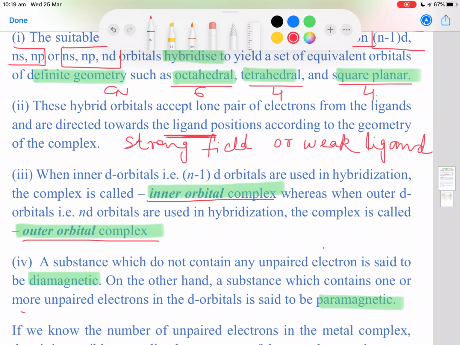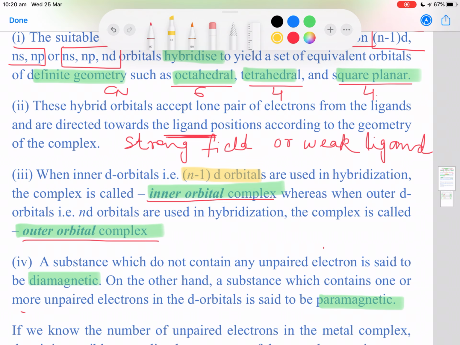Inner orbital means, when d orbital, we have to be very specific using the terms inner and outer with respect to the d orbital. If the n minus 1 d orbital, that's the penultimate shell, is participating in the hybridization, then it is said to be an inner orbital complex.